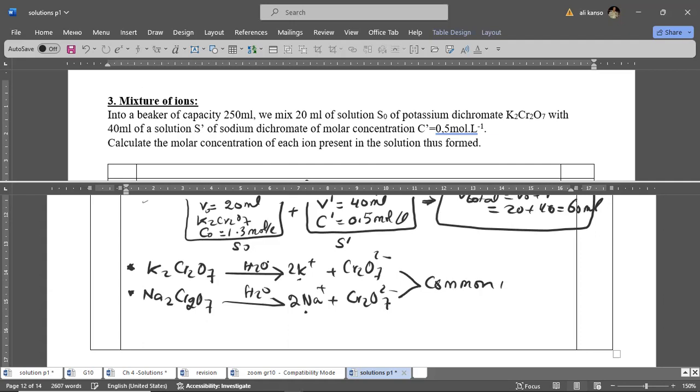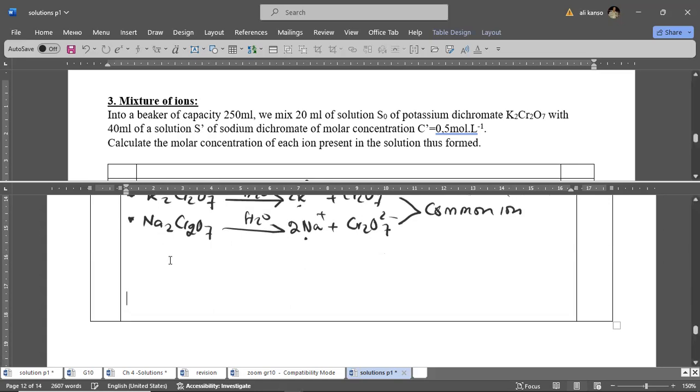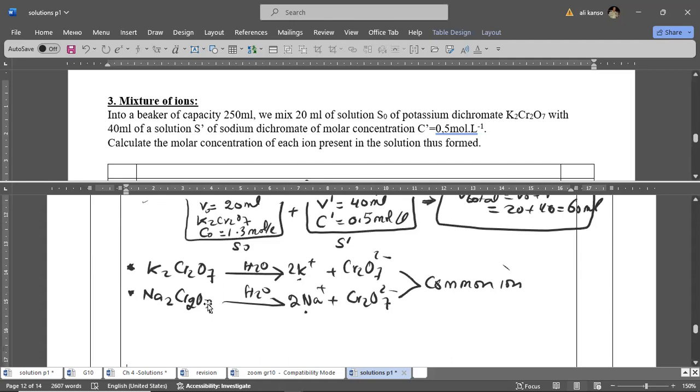How can I work safely without making many mistakes? In order to work safely, you have to calculate the number of moles. In the first equation, you can write N of K plus over 2 equals N of K2Cr2O7 over 1.